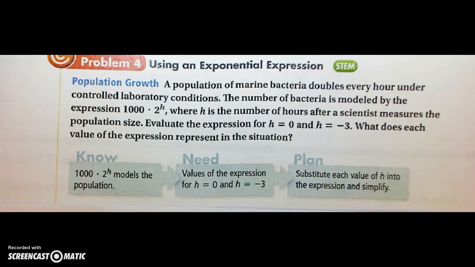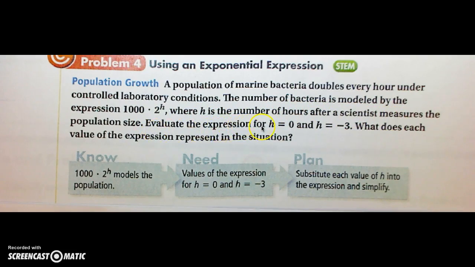Problem 4, using an exponential expression. Population growth. A population of a marine bacteria doubles every hour under controlled laboratory conditions. The number of bacteria is modeled by the expression 1,000 times 2 to the h, where h is the number of hours after a scientist measures the population size.